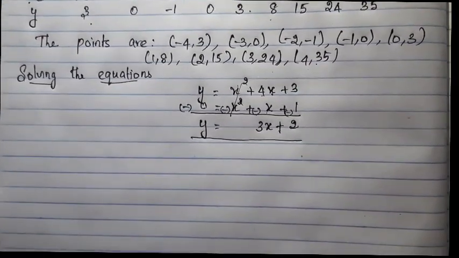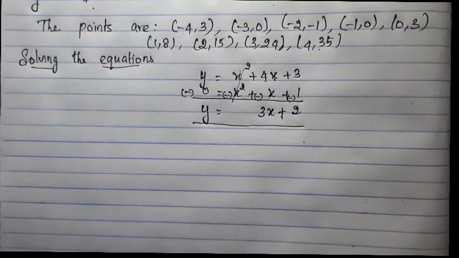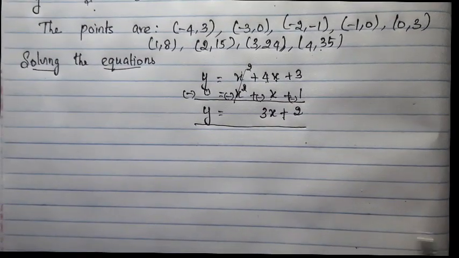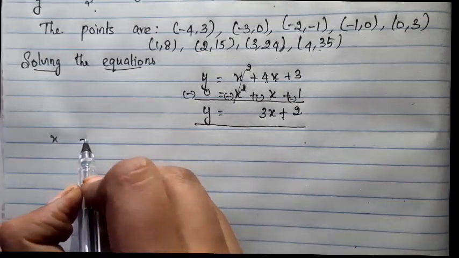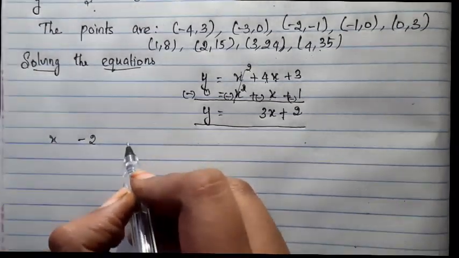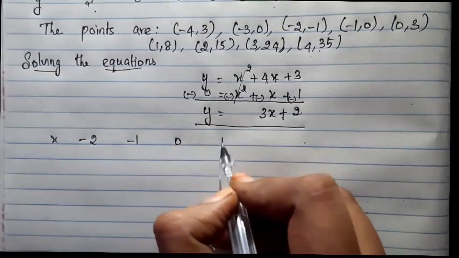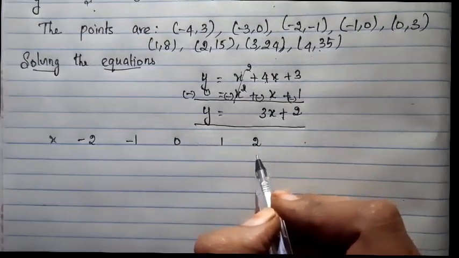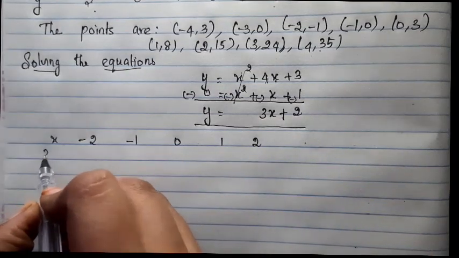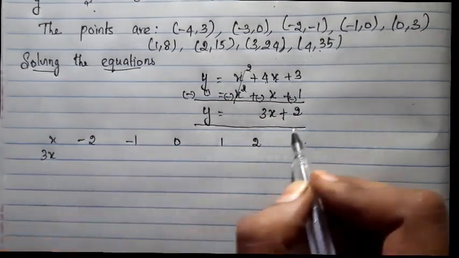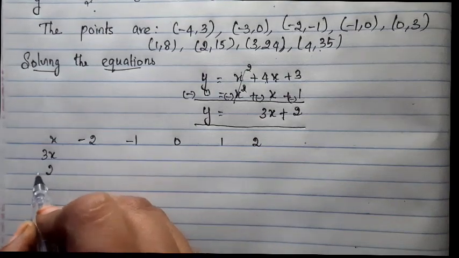So using that we can find out some points for the straight line. As usual we can take the x value as minus 2 to 2. So minus 2, minus 1, 0, 1, 2 I can take. Next, to find out the y value, we can do it one by one. First step we can do 3x. Next step we can do plus 2.